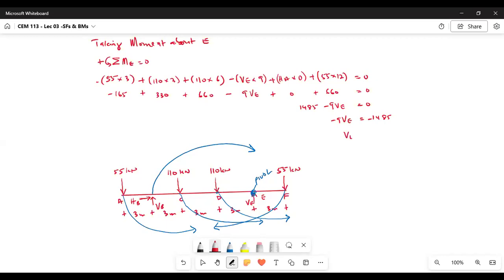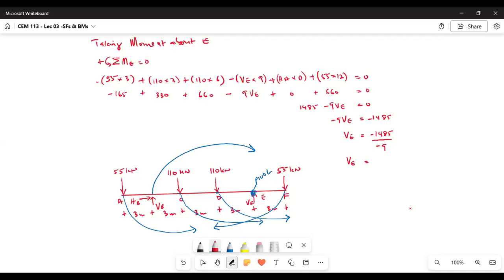So that VE is equal to negative 1485 divided by negative 9. So that VE is equal to, when we calculate that, 8.